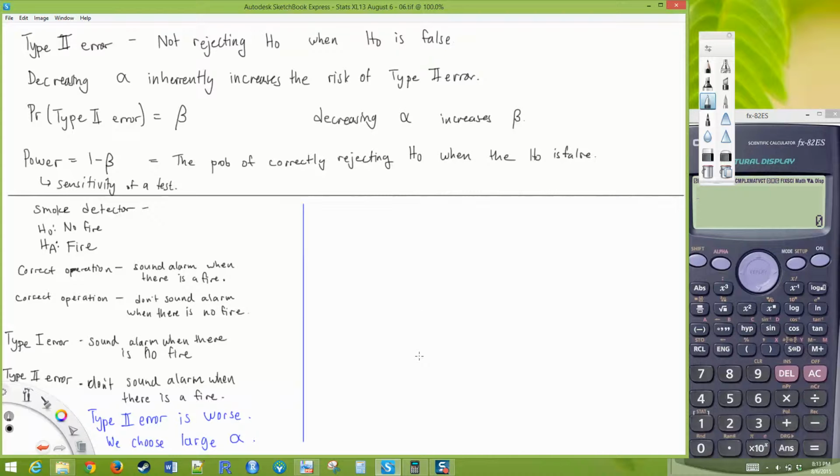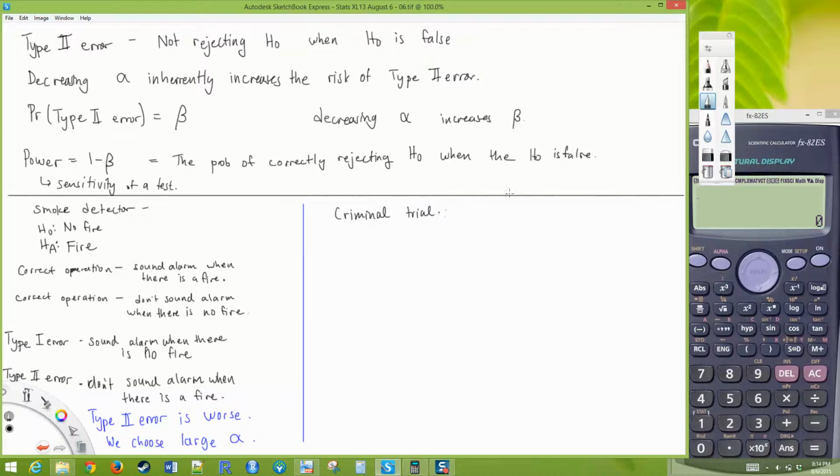I'll just tell you a situation where the opposite is better, okay? I was going to have you guys think of it, but I think it's kind of hard. Or I don't know, maybe can you guys think of a situation where we would want a small alpha, where type 1 error is worse than type 2? So we're going to do a criminal trial.